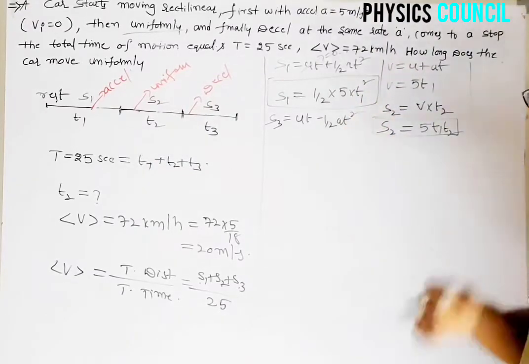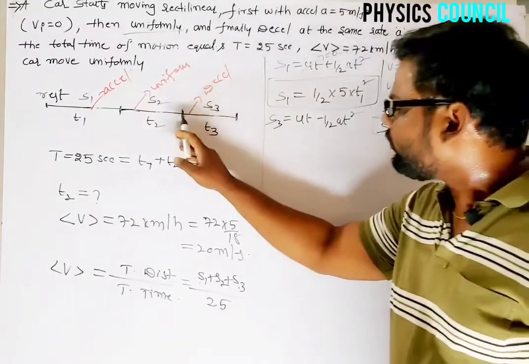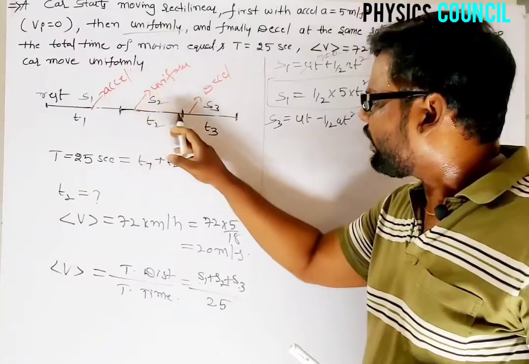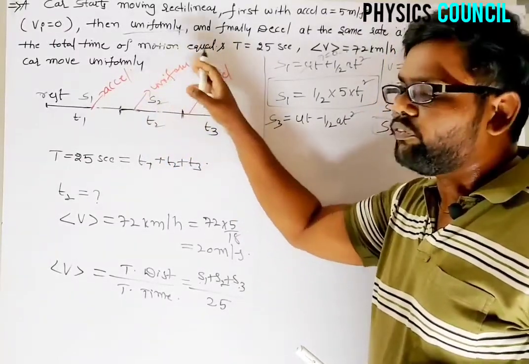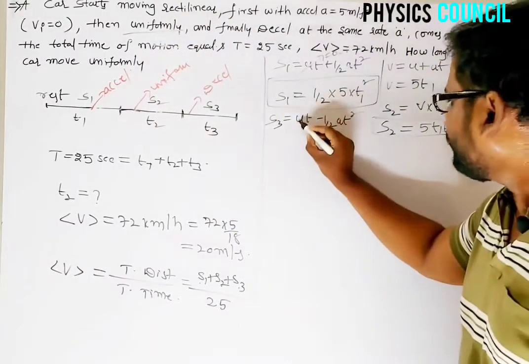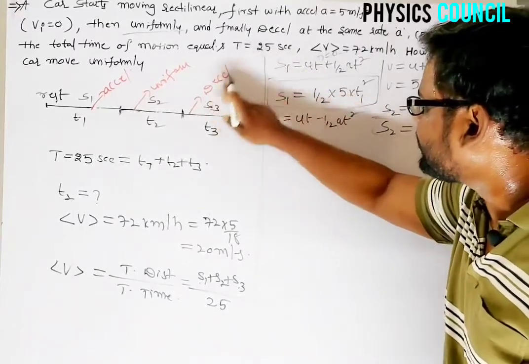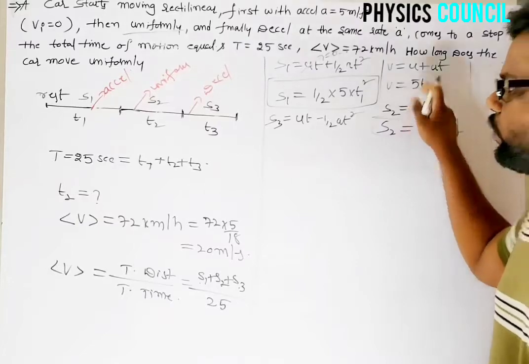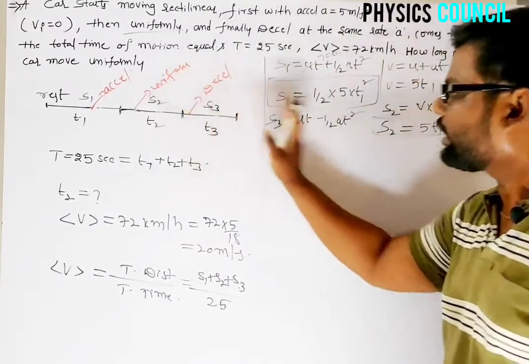And one more thing we need to know in this situation: here in this case velocity is 5t1. So uniform motion is maintaining a uniform velocity. And now the initial velocity in the case of deceleration is 5t1, right? With this velocity it starts decelerating.